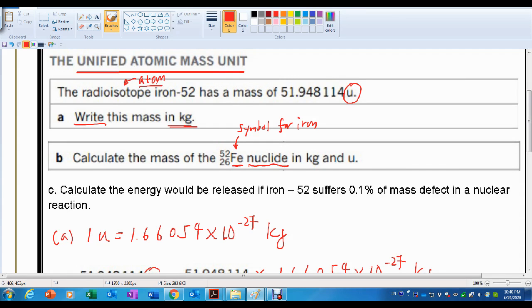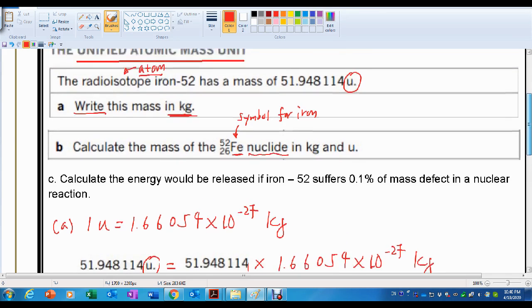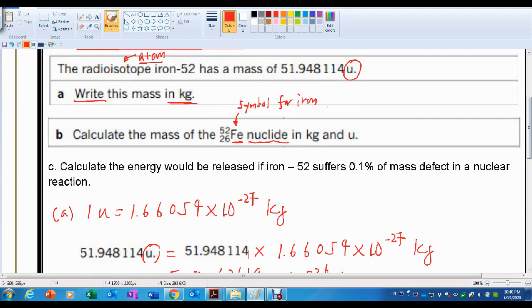Atom and nuclei are different, right? Nuclei means we're going to calculate the nucleus, the type of nucleus called nuclide. So you can't say we have done that because we found the mass of iron-52 in terms of kilogram, and it's also given.